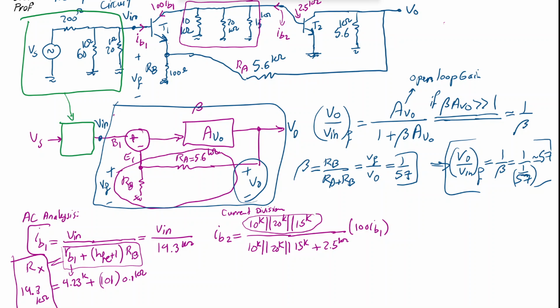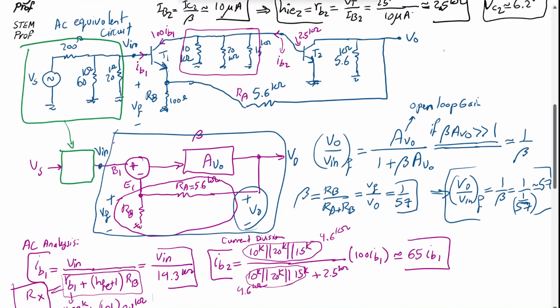Then the ratio we are calculating becomes 4.6 divided by 7.1, so it's about 0.65 times 100. So this really just turned out to be 65 times IB1. That's IB2.